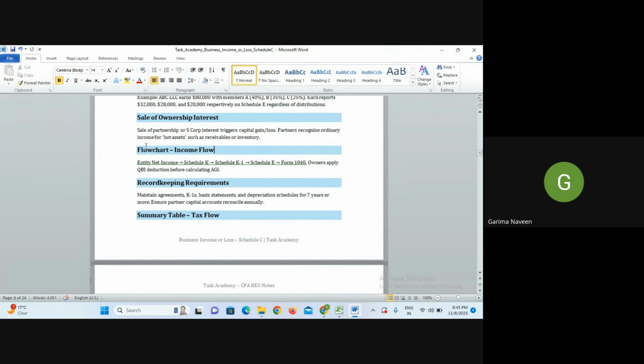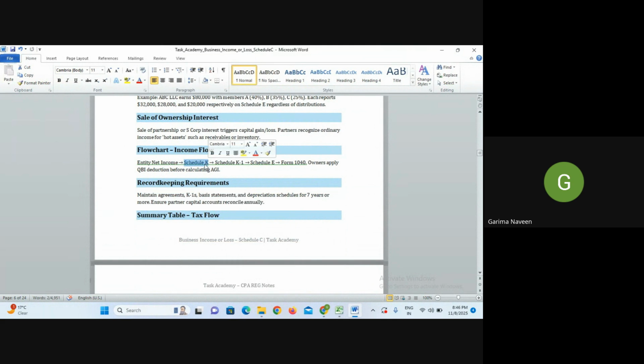Flow chart. So, how does income flow? Basically, entity net income is reported on Form 1120S for an S corporation and Form 1065 for a partnership. Then Schedule K reports all the entity's income or losses and any separately stated items.